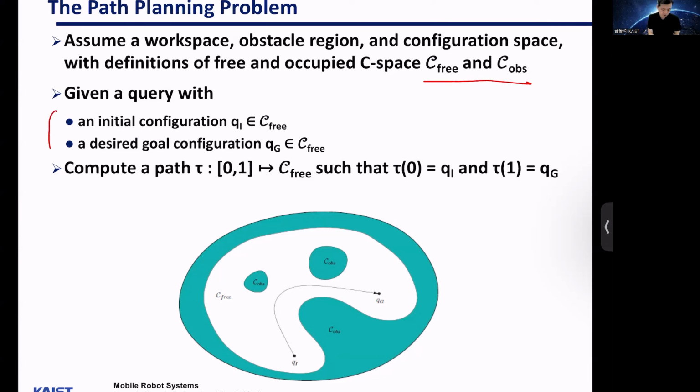Given a query with an initial configuration and a desired goal configuration, so origin and destination, our task is to find or compute a path in the time domain from 0 to 1, where 1 is the terminal time, within the free configuration space, such that tau(0) is the initial configuration and tau(1) equals the goal configuration.